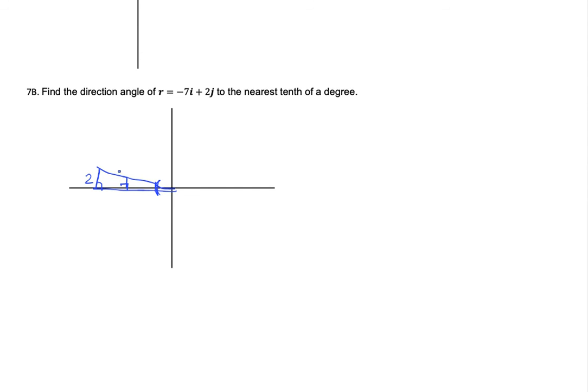So again, I'm going to have opposite over adjacent, so I will have my tangent. So if I do inverse tangent of 2 over 7, because opposite over adjacent of my angle, that's going to give me theta. When I put it in my calculator, I believe it's 15.9 degrees.